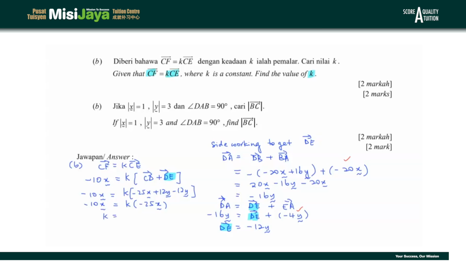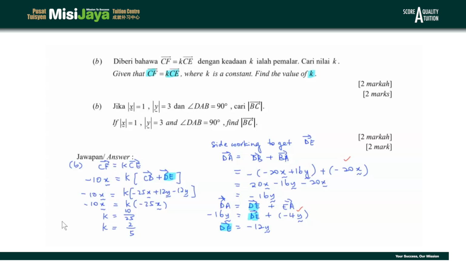The x and x cancel, so we get negative 25 at the bottom, we move to the left. So k will be negative 10 over negative 25, so it becomes positive 10 over 25. Negative becomes positive. Then we simplify this, top and bottom divided by 5, so we get 2 over 5.